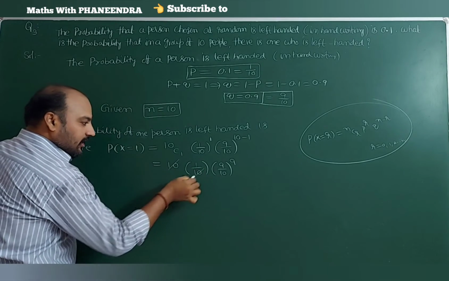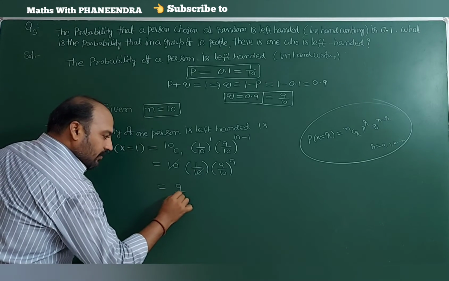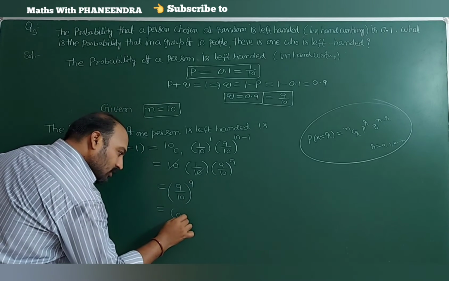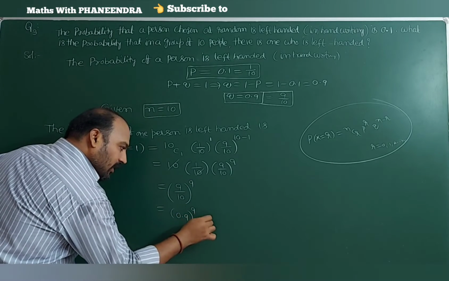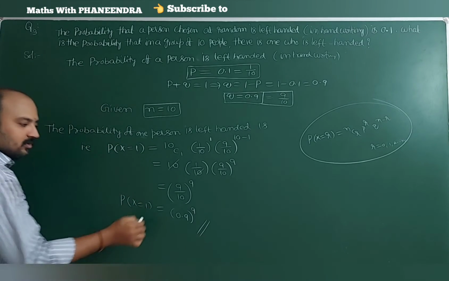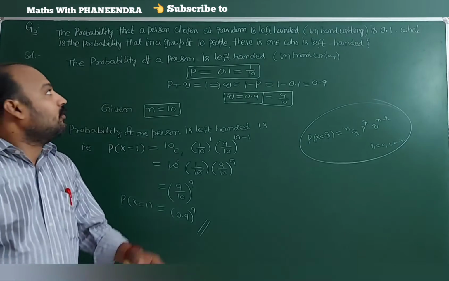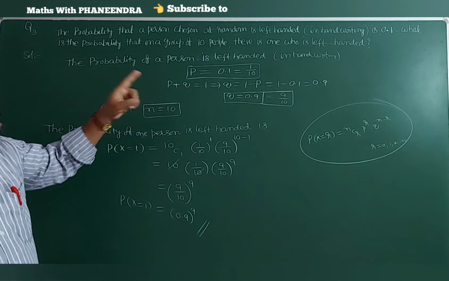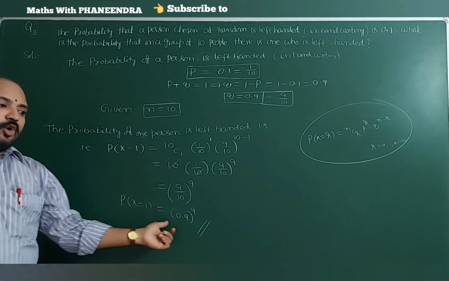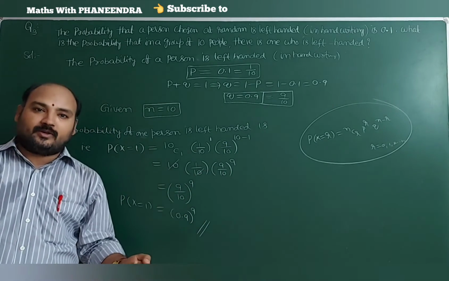So the 10 gets cancelled, which gives 9 by 10 whole power 9. Otherwise we can write it as 0.9 whole power 9, which is the required probability. That means the probability that there is only one left-handed person is 0.9 whole power 9.